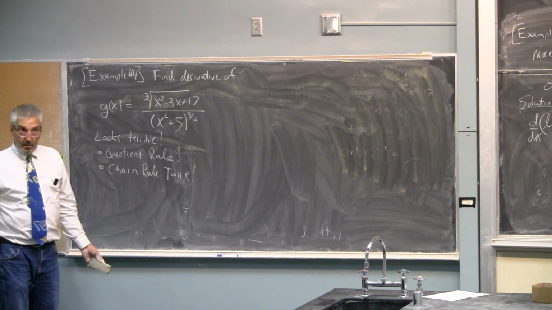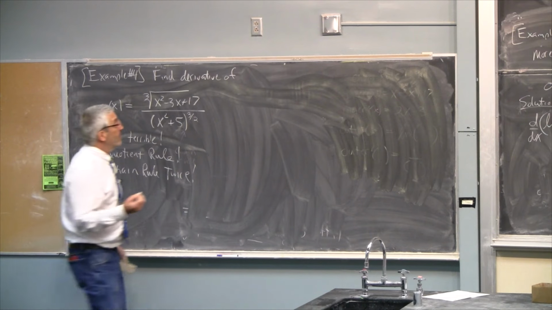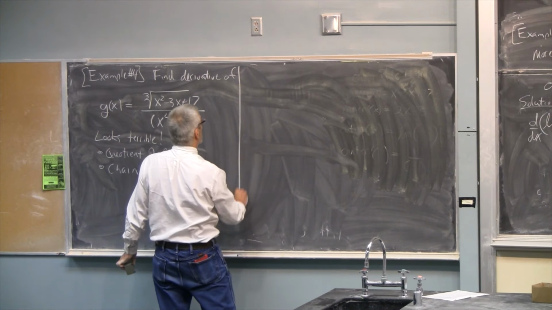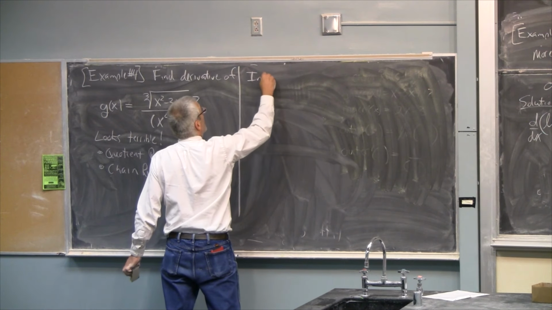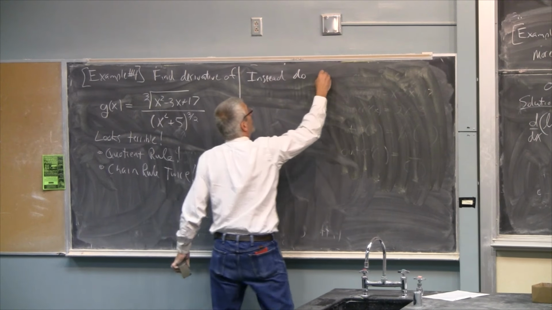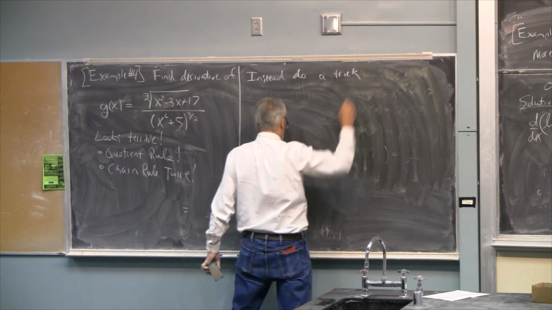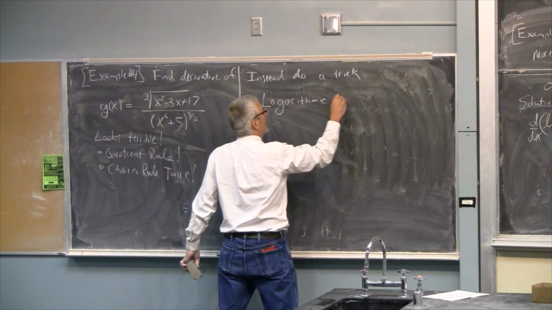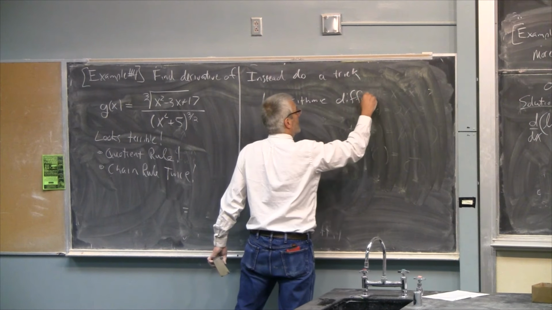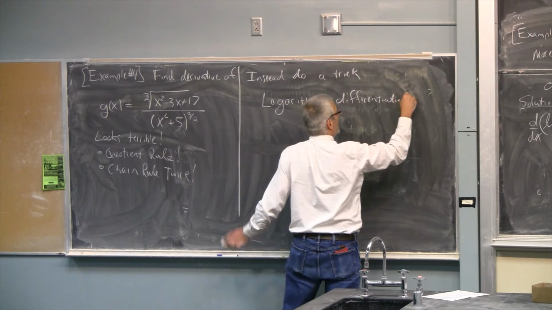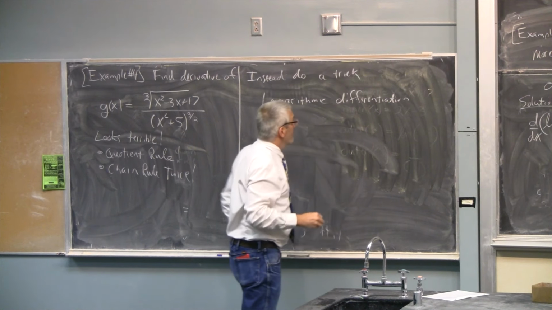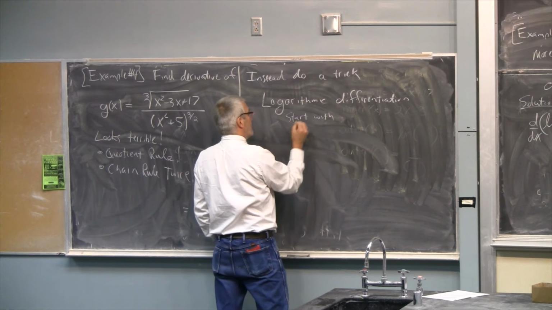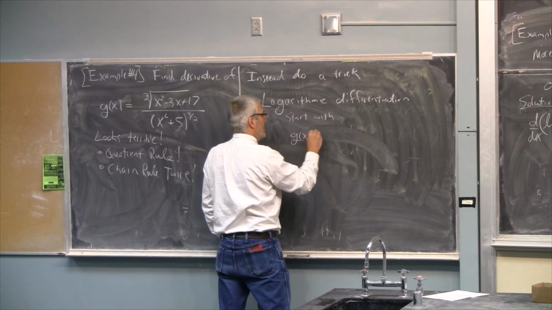So you do a trick that's called logarithmic differentiation. Hardest thing about it is not slurring that. I've had enough coffee to make me slur that. So instead, do a trick. So logarithmic differentiation. Start with g of x equals stuff.